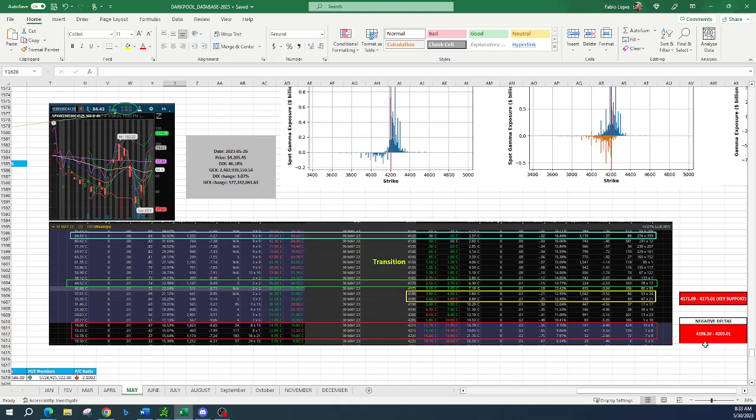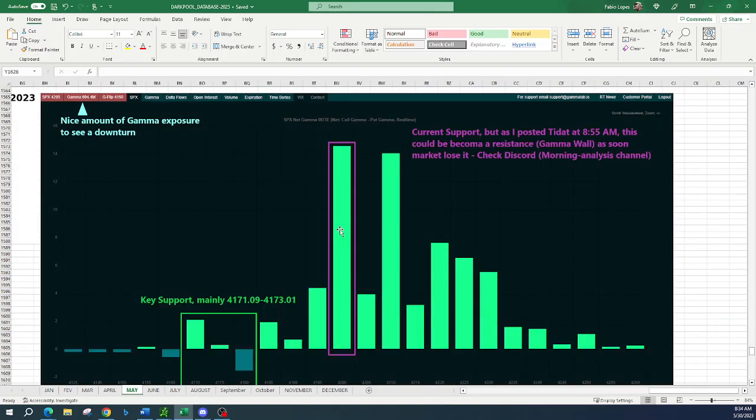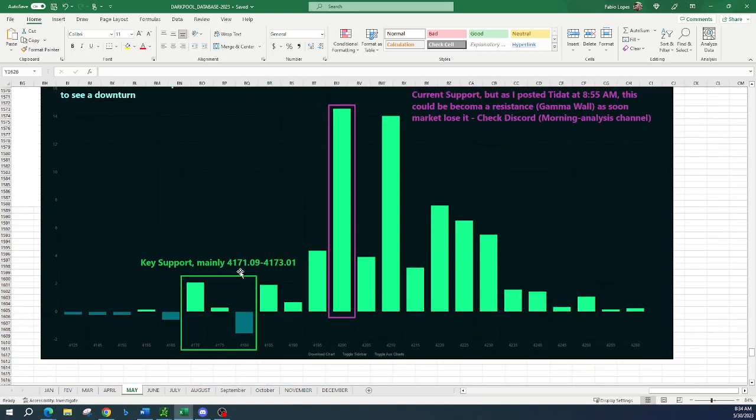Of course, the design changed a lot. Okay, I will put the gamma design soon on the screen. The design changed a lot. Remember I put over here as a support, current support, but as I posted yesterday at 8:55 a.m., if you lose it, it tends to be resistance, and the market starts to show weakness, especially at 4,171.